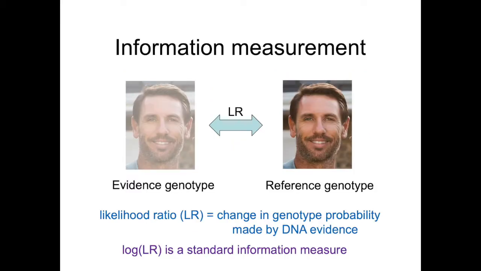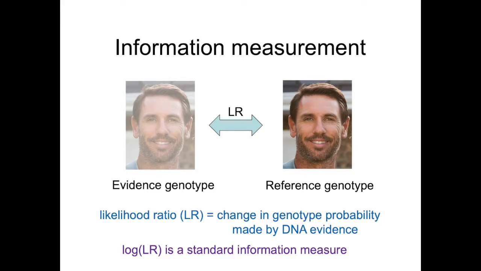Identification information is measured by comparing an evidence genotype with a reference genotype relative to a random population. That comparison is quantified in one number called a likelihood ratio, abbreviated LR. The likelihood ratio measures the change in genotype probability made by the DNA evidence data.